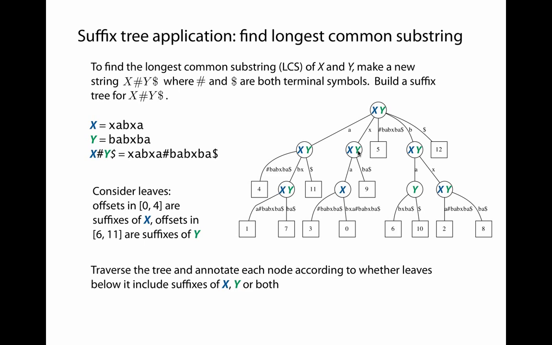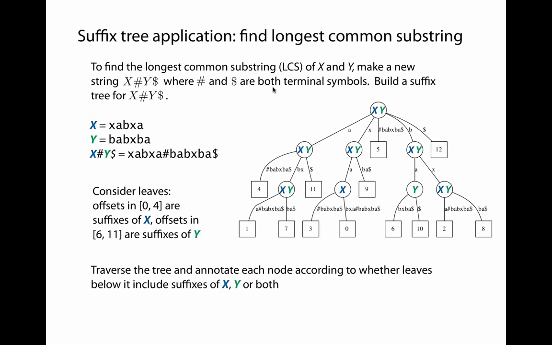But this node here, which corresponds to just the substring x, appears in both x and y, and so this node is annotated with both x and y. This is a suffix of x here, this is a suffix of x here, but the suffix at offset 9 is a suffix of y.